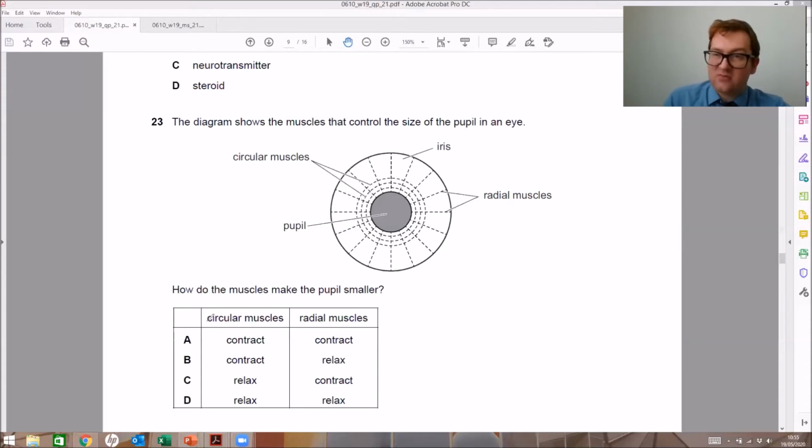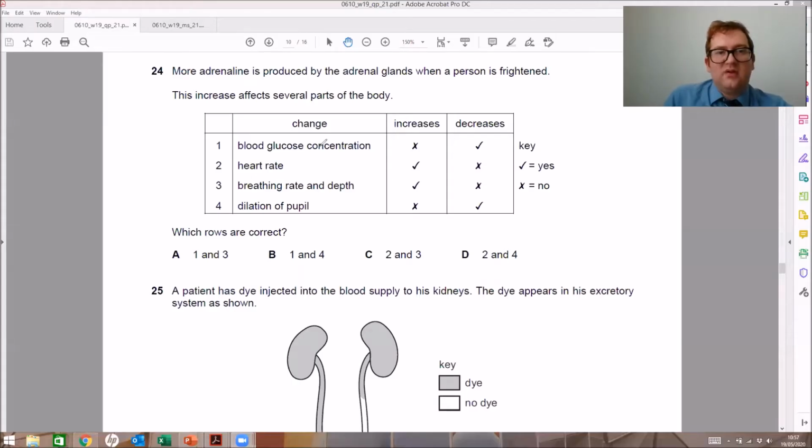Remember the antagonistic muscle pairs, they cannot both contract and they cannot both relax. One must contract, one must relax. So in this case, to make it smaller, the circular ones need to contract. So the ones that contract are the circular muscles, giving you option B as the answer. C is incorrect.